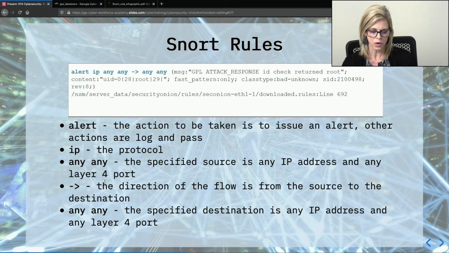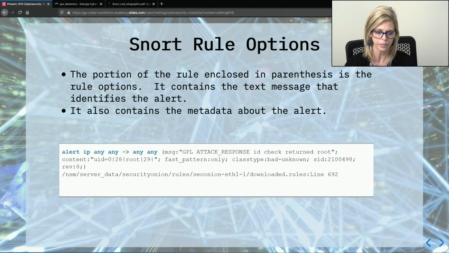The arrow is contextual for the direction of the flow, from the perspective of the source to the destination. And then the any, the last part that you see in the rule here, is specified for any IP address as well as any layer 4 port.